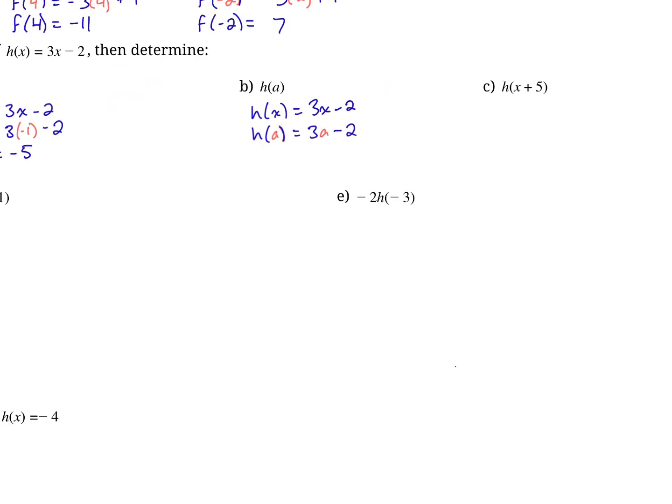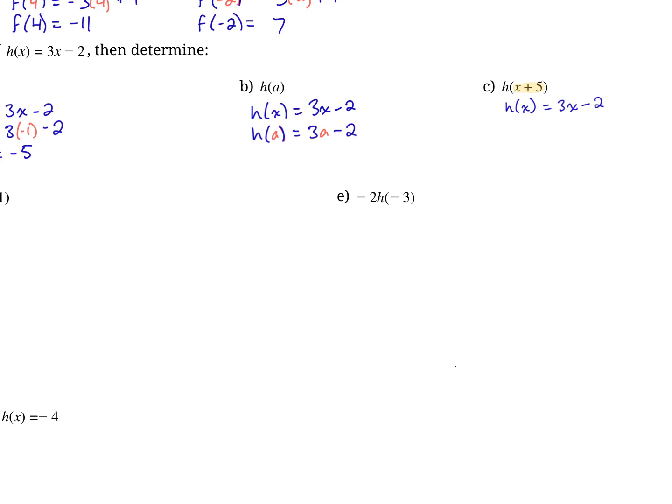Now the next one is h at x plus 5. Now this is a little different from the other ones, but we're trying to find out what the function h is at x plus 5. So again, we're going to start off with our original function. Our function is h at x equals 3x minus 2. Now instead of just writing x, we're going to write this x plus 5.